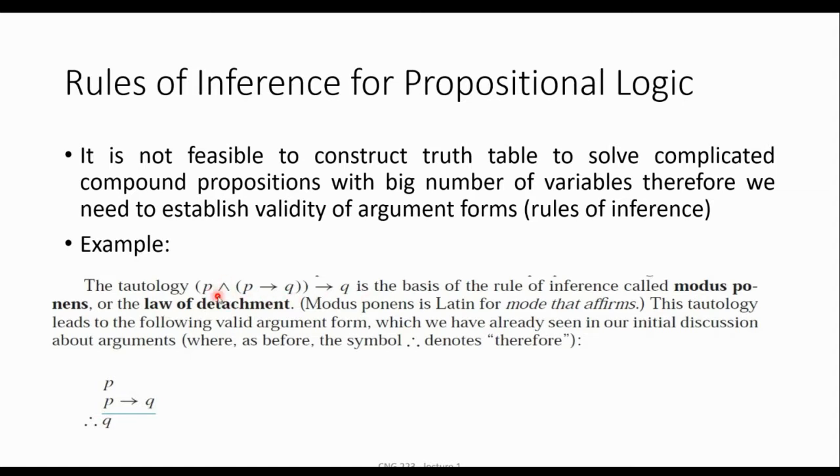A conjunction between P and its implication to Q implies Q. So you may ask me, how can I see it directly? Yeah, you should use a truth table or some arguments in order to show that. Mathematicians usually use it a lot so that they remember it instantly. But for you guys, this is totally natural.